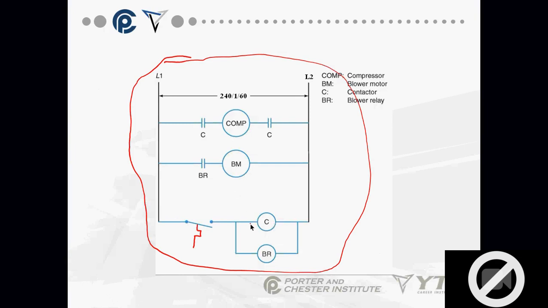We haven't talked about that yet. When this gets power, it closes my 2 contacts and it energizes my compressor. The BR, which is my blower relay, closes and energizes my blower motor.